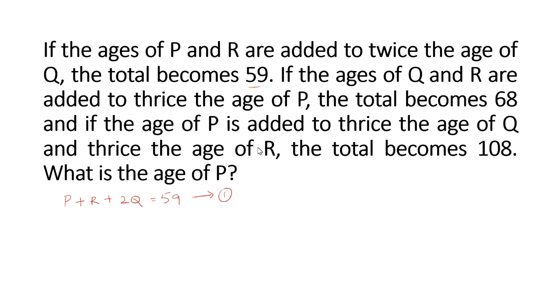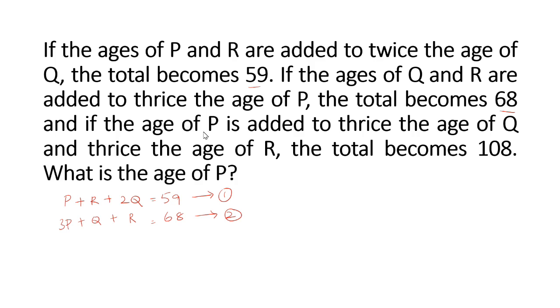This is equation 1. Next, if the ages of Q and R are added to thrice the age of P, 3 times P plus Q plus R, the total becomes 68. This is equation 2.